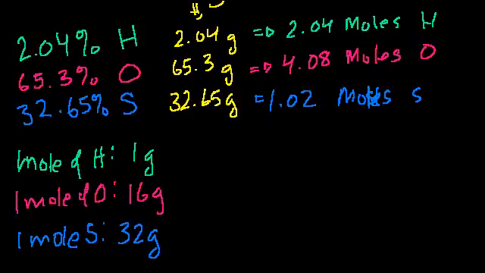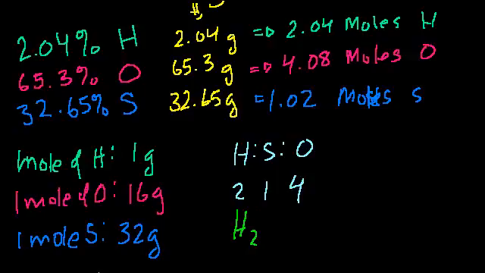So for every 1 sulfur, we have 2 hydrogens and 4 oxygens. So the empirical formula of this is H2, 1 sulfur, and 4 oxygens.